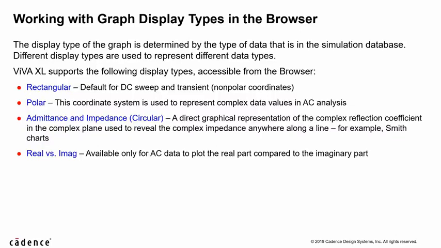When you perform an AC analysis to display complex values, additional display types of default, polar, impedance, and admittance are added to the results browser assistant. The main display type options in the graph menu do not change, only the browser modifies itself to show the new options available. Real versus imaginary is useful during AC analysis and displaying RF data. It is available only for these analyses.